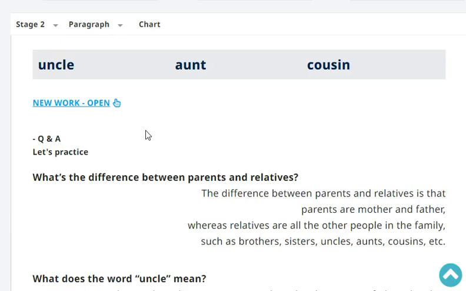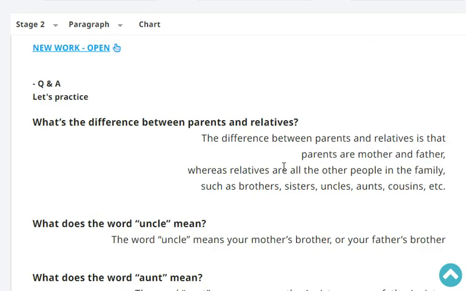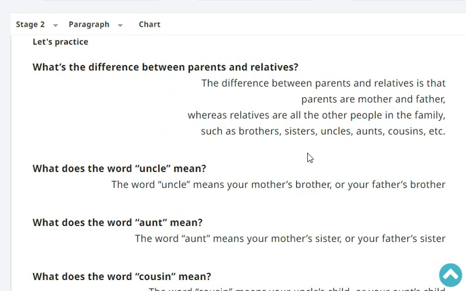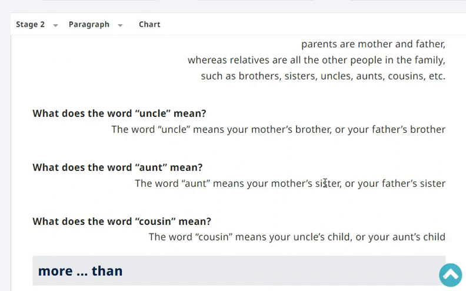The difference between parents and relatives is that parents are mother and father, whereas relatives are all the other people in the family, such as brothers, sisters, uncles, aunts, cousins, etc. Very good.